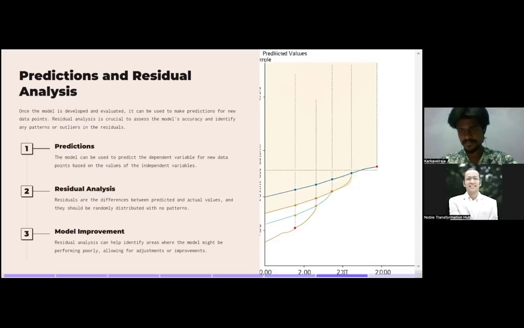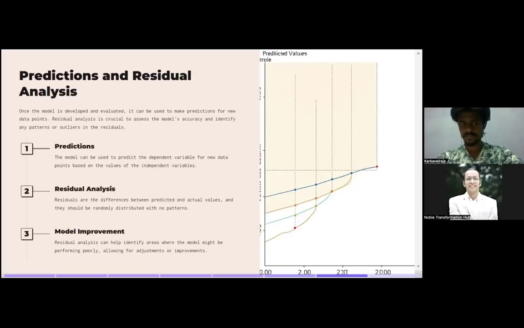What is the difference between wheat and rice? Is there a difference or not? If there is a difference, then that is a residual. The difference between predicted and actual, and they should be randomly distributed with no patterns. That is what residual analysis is.